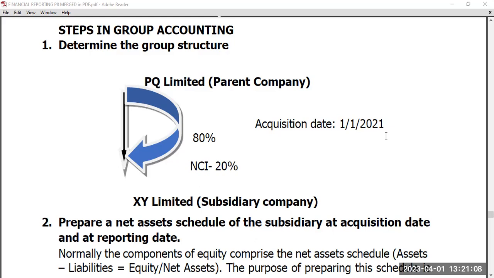Those are the things we are going to go through in this step-by-step model for group accounting. It will be in our next video, because I don't want to make this video too long, so that you can rewatch and rewatch until you master everything and we finish all the steps taken within group accounting.